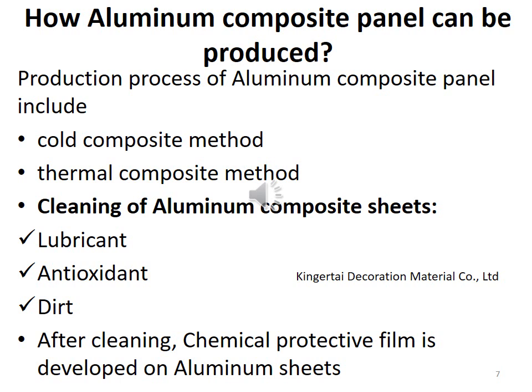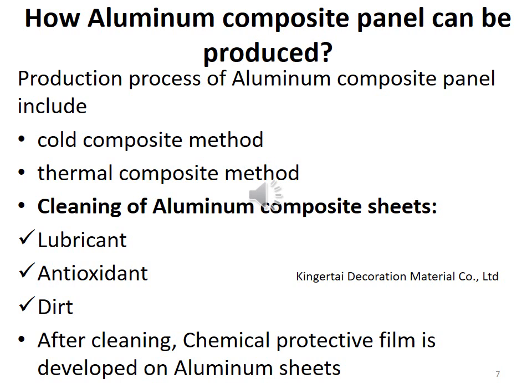The aluminum composite panels can be produced with different methods such as the cold composite method and the thermal composite method. Before going into the process of production of the aluminum composite panels, the aluminum sheets which are used for the fabrication will be washed and cleaned.